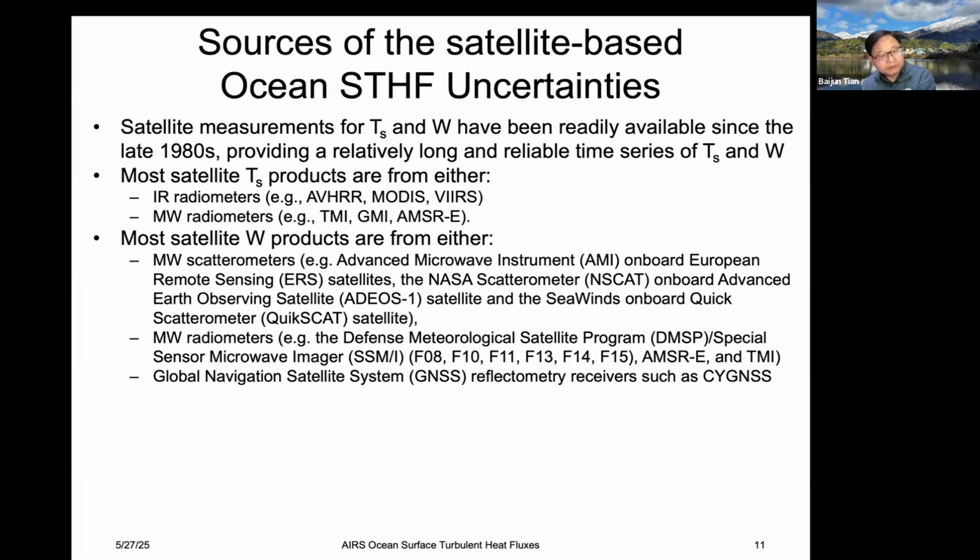For example, the SST product comes from infrared radiometers such as AVHRR and MODIS, or microwave radiometers such as TMI, the TRMM Microwave Imager, GMI, the Global Precipitation Measurement Microwave Imager, or AMSR. Satellite-based near-surface wind products come either from microwave scatterometers or microwave radiometers.